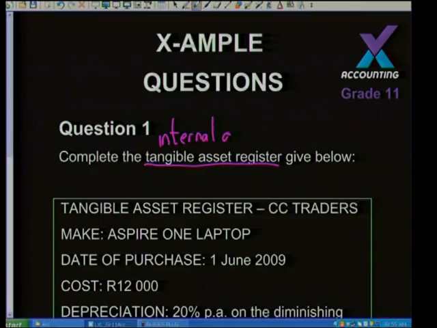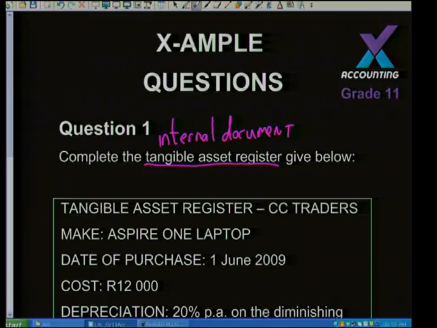This is simply an internal document where the business simply records the asset that was purchased, where it was purchased from, the make, the type of the asset, as well as the details of depreciation, carrying value, accumulated depreciation, cost price of the asset itself. All of that info goes into your tangible asset register. Okay, so let's read our information, and then we'll obviously complete this tangible asset register.